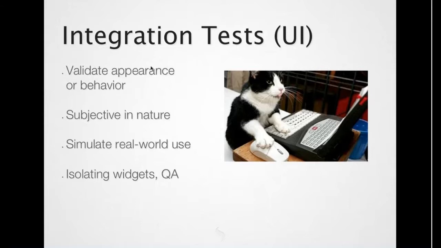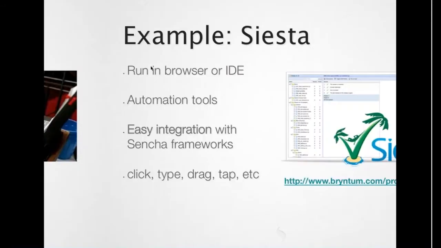These UI tests will subjectively validate the appearance or behavior of your application. It simulates real-world use of either isolated widgets or the application itself. And in this sample project, I chose to use Siesta to perform the integration tests.